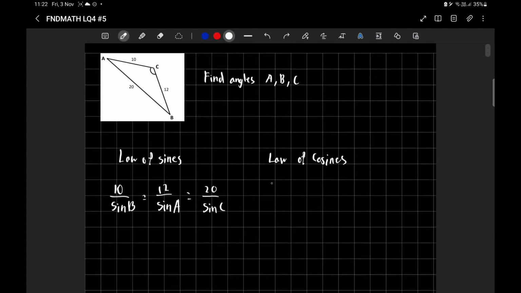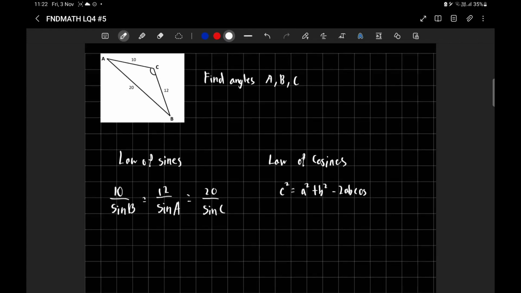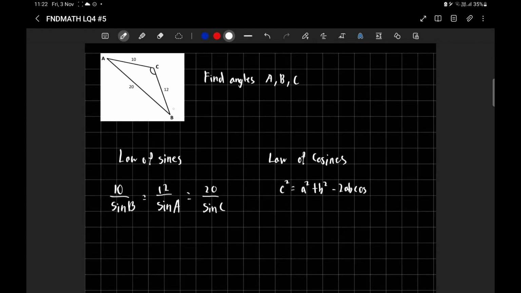The law of cosines states that c squared is equal to a squared plus b squared minus twice the product of the two remaining sides, 2ab, times the cosine of the angle between them, the angle between a and b, the one I highlighted in red. This is just the angle of C.